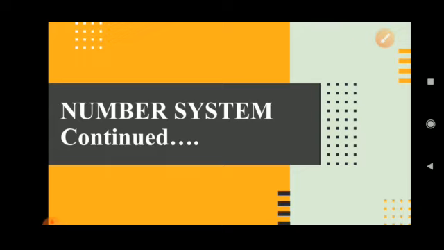In the previous class we had discussed different types of numbers: natural numbers, whole numbers, integers, rational numbers, irrational numbers, and also the definition of a rational number, how the numbers are related to each other, and how to represent a rational number on the number line. So today let us discuss exercise 1.1 in the first lesson.